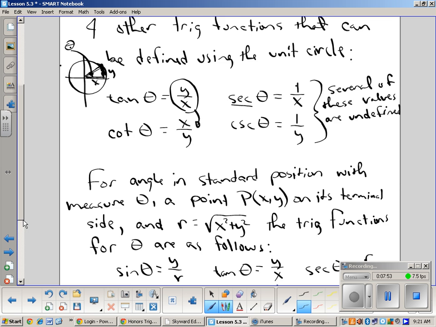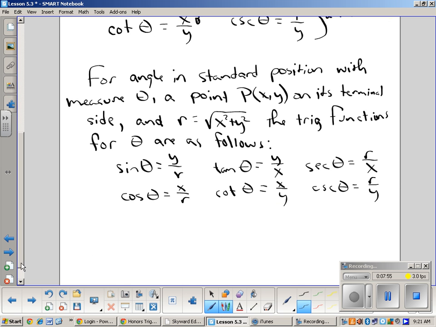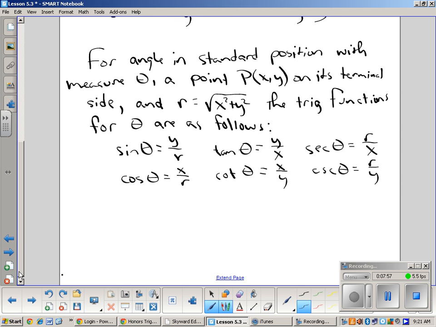All right. Moving on then. We're not always on the unit circle. Our radius is not always 1. Okay? So these 6 rules apply when the radius is not always 1.